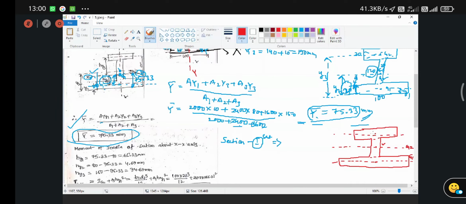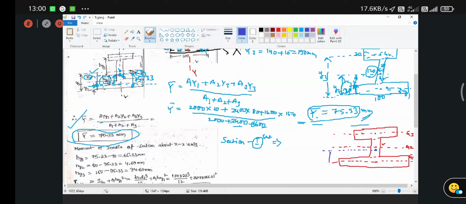So this is the G3 axis. I need the total moment of inertia about the central axis. Where is my centroid here? My centroid location will be there. Why am I locating that particular point?